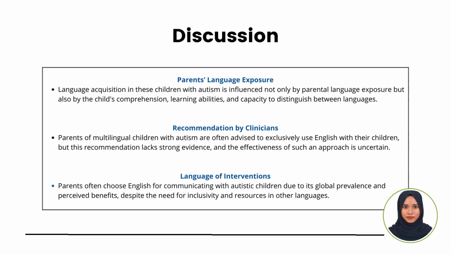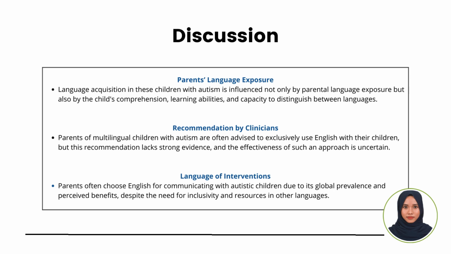Many parents opt to communicate with their children with autism in English due to its widespread use and perceived benefits as a language of intervention. English's global prevalence, particularly in countries like Malaysia, where it serves as an intermediary language, facilitates communication for a significant portion of the population. Additionally, the abundance of resources and expertise available in English contributes to its preference for intervention development.